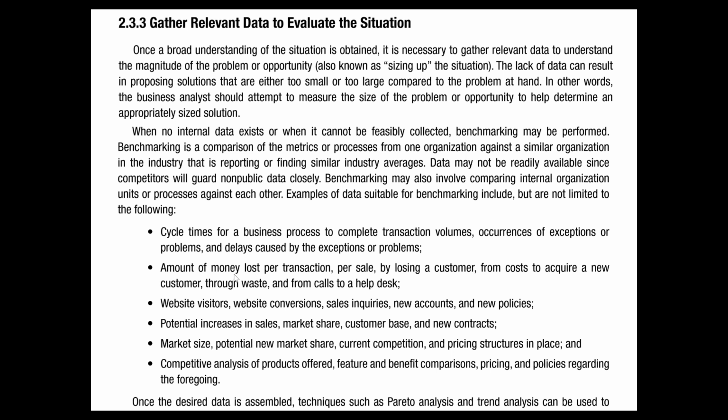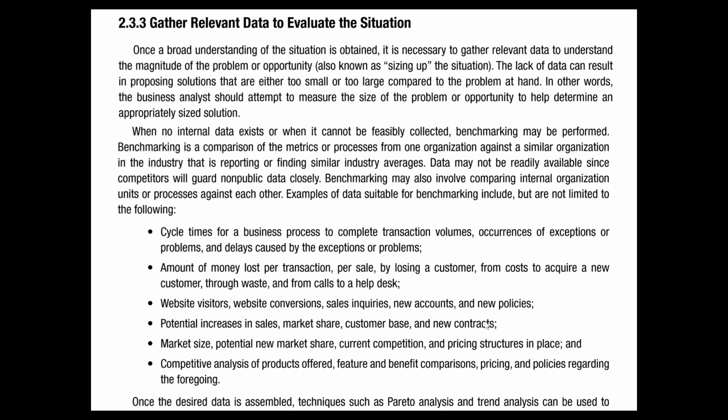Like amount of money lost per transaction, per sale, by losing a customer, from cost to acquire a new customer. These are all types of data, through waste and from calls to a help desk. Then we also have a lot of data like website visitors, website conversions, sales inquiries, new accounts, new policies.